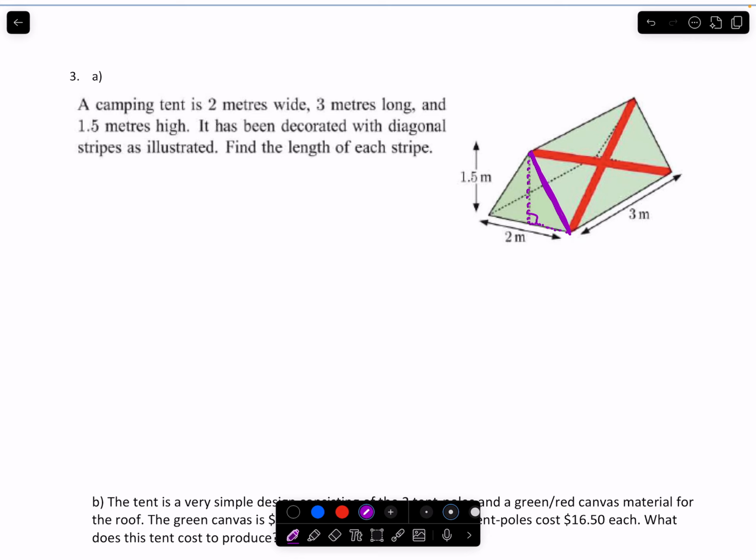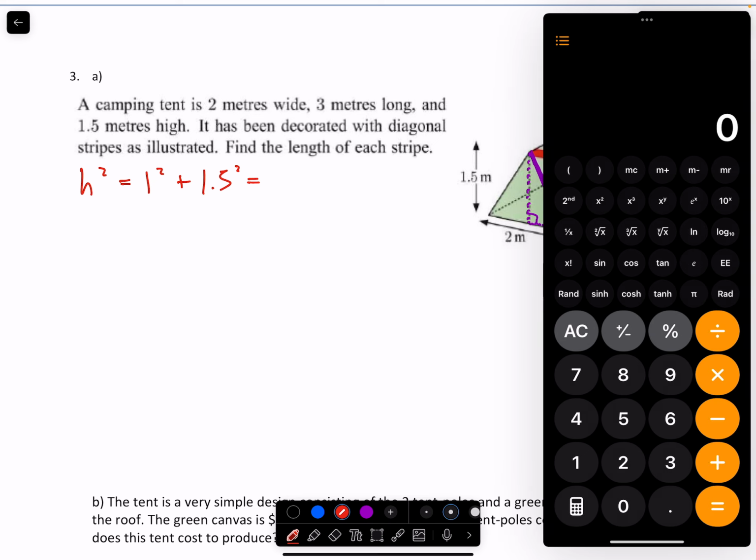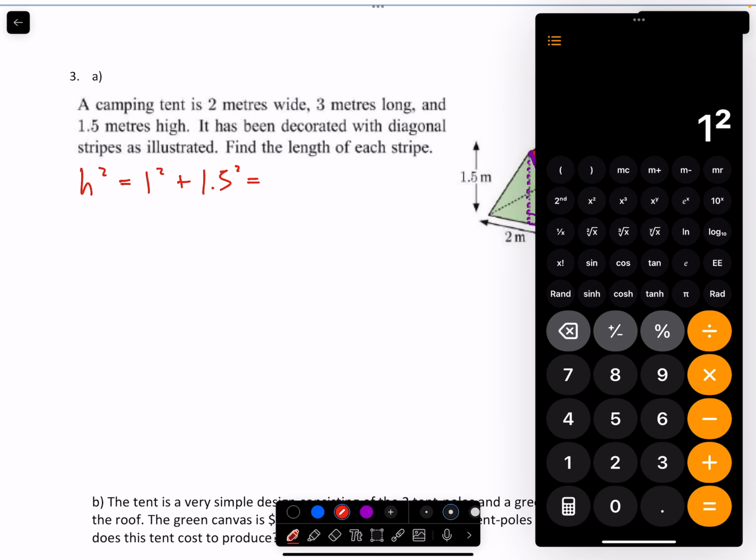I'll just label it H. The bottom side is 1 meter. So H squared, according to Pythagoras, is one side squared plus the other side squared, because it's 1.5 meters tall. 1 squared plus 1.5 squared is 3.25.